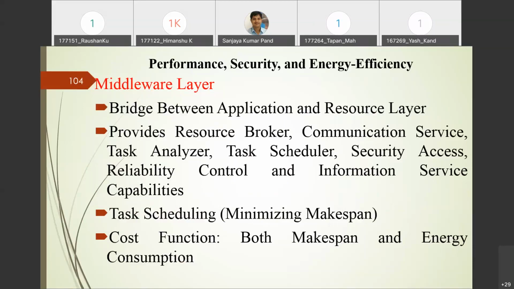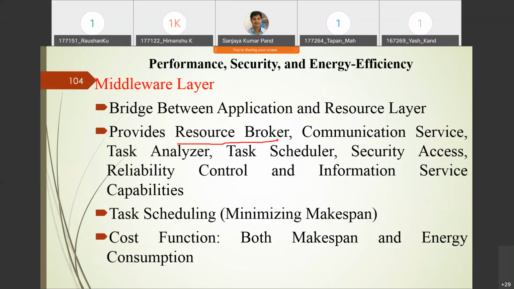It also provides the resource broker. Why do we need a resource broker? The resource broker is an intermediate software unit which maps each application to particular resources. On one side you have a set of resources, on the other side a set of clients or users, and you have to map them. That is called the matchmaking process, done by the resource broker.